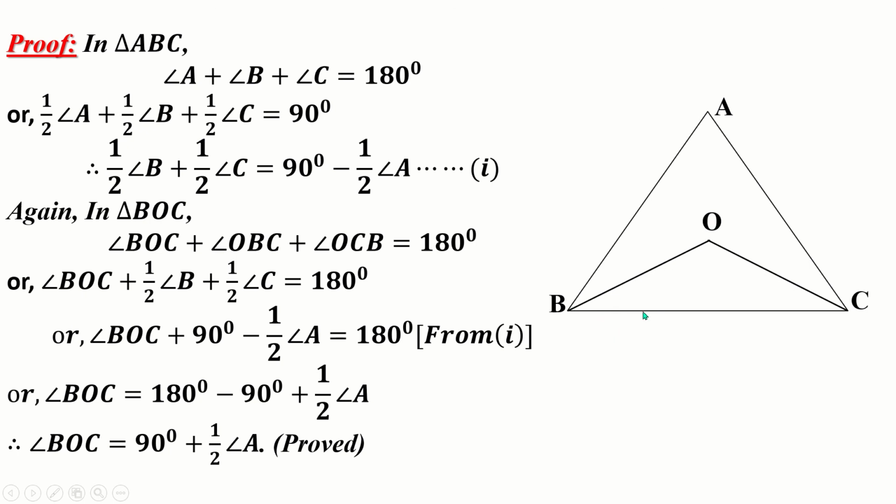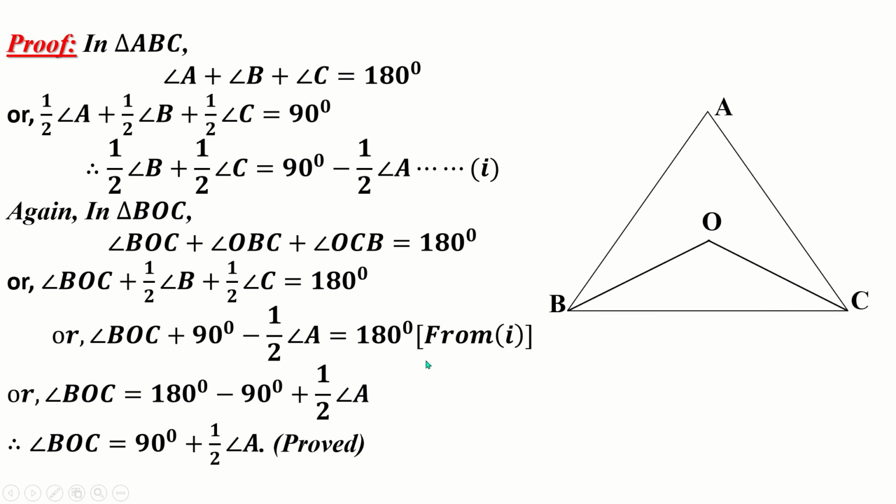But angle OBC is equal to half of angle B, and angle OCB is equal to half of angle C. We just put in these values, because BO is the bisector of angle B and CO is also the bisector of angle C. Clear? But half of angle B plus half of angle C is equal to 90 degrees minus half of angle A from equation 1. So here we can write this, and angle BOC is fixed.